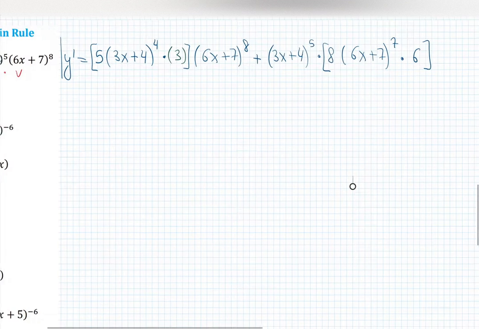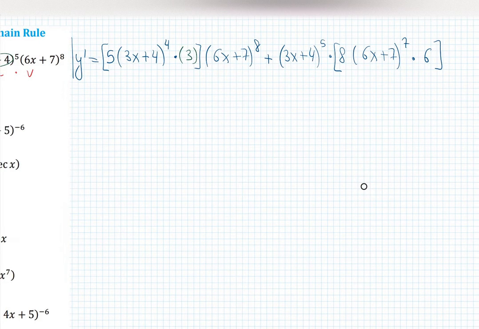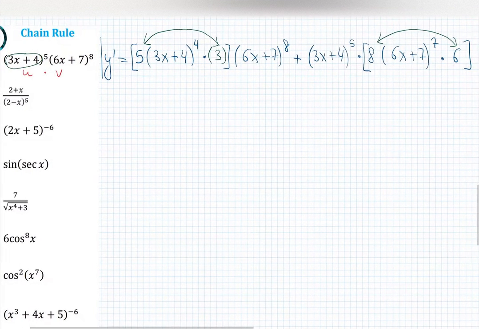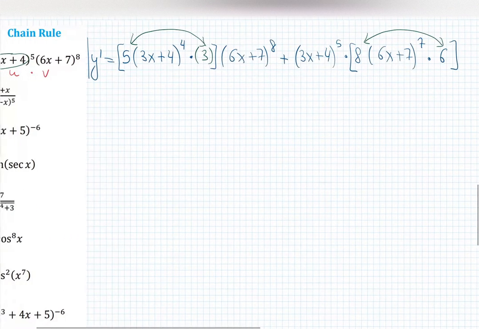This is basically the answer. What else you can do is to multiply out those constants. So you're going to have 15 over here, and 6 times 8, which is 48 over here. And if you want, I can rewrite everything.